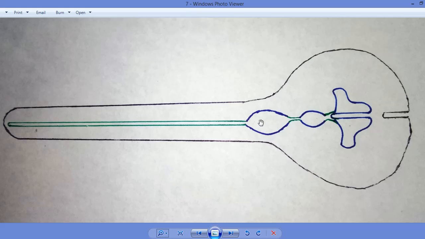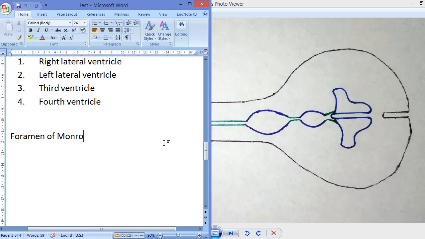Now the third ventricle is connected with the fourth ventricle with the help of the ductus Sylvius. This is also called the cerebral aqueduct or ductus Sylvius.